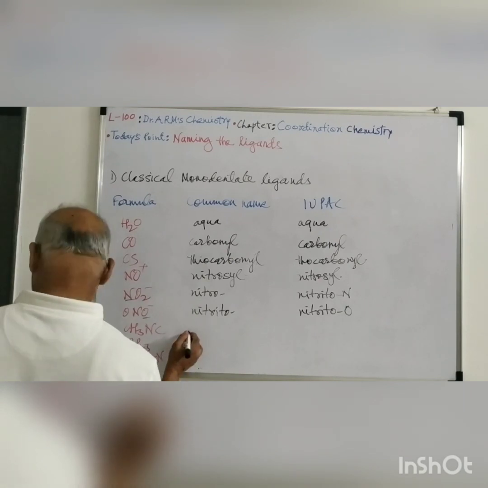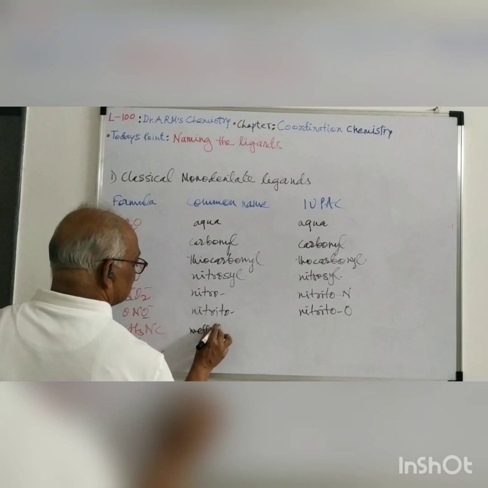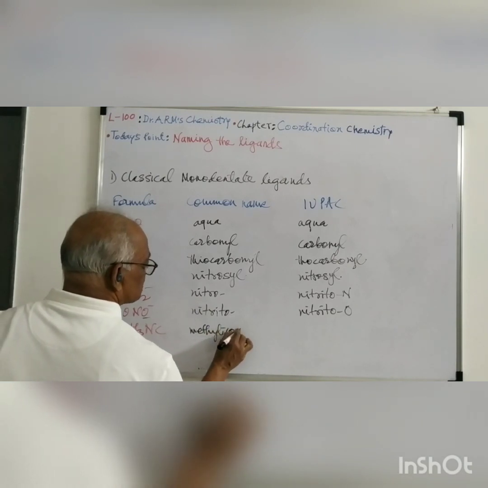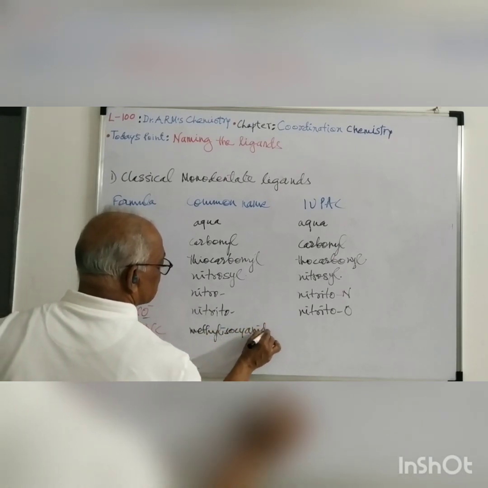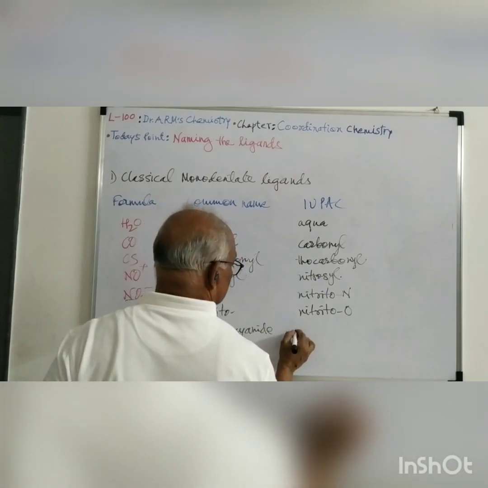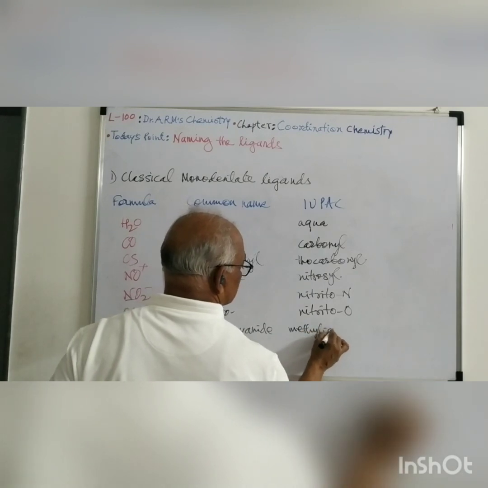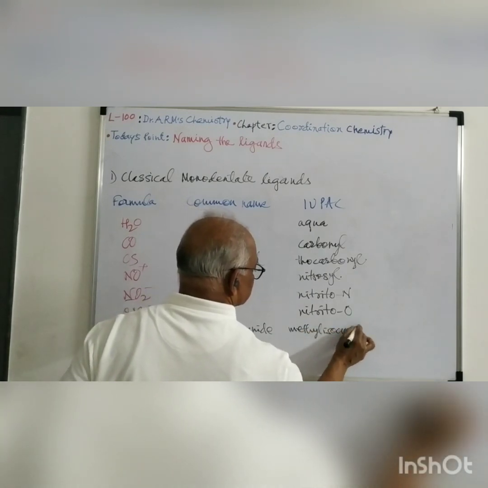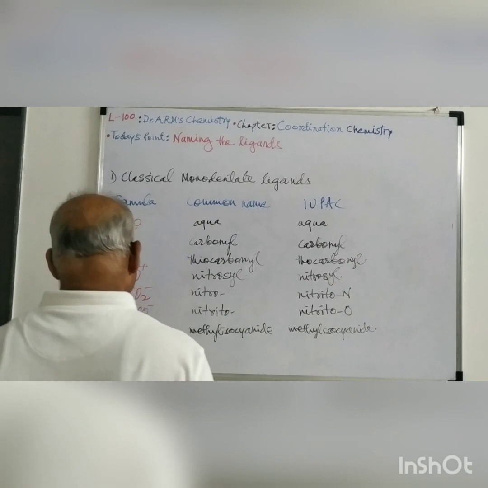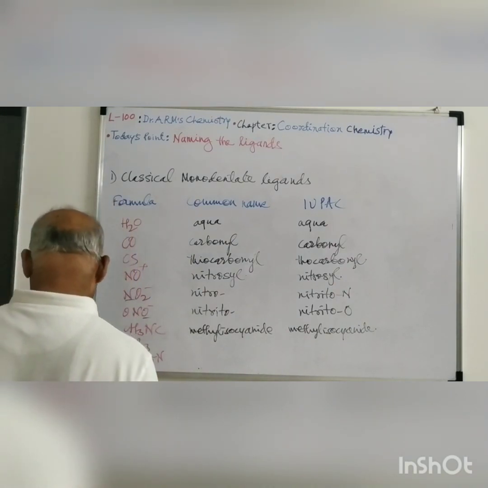Then this is methyl isocyanate. Here it becomes the same, methyl isocyanate. Then this is phosphine.